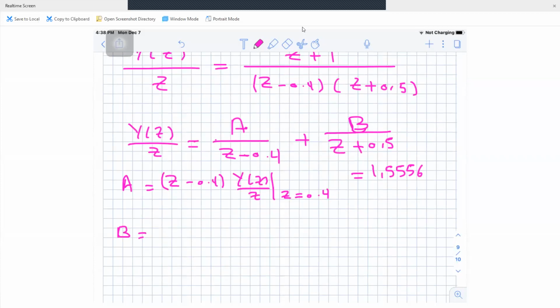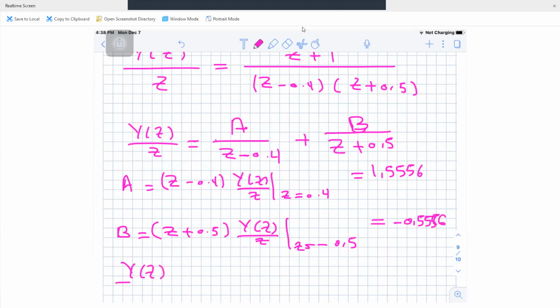B will be (z + 0.5) multiplied by Y(z)/z at z equals minus 0.5, and the result for B will be minus 0.5556.